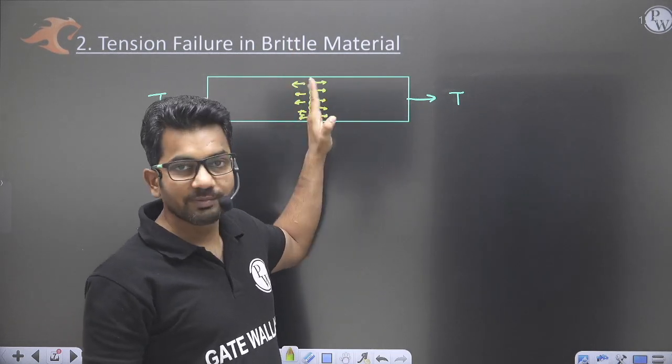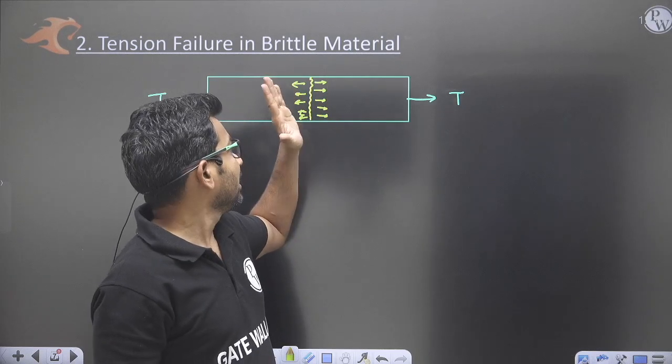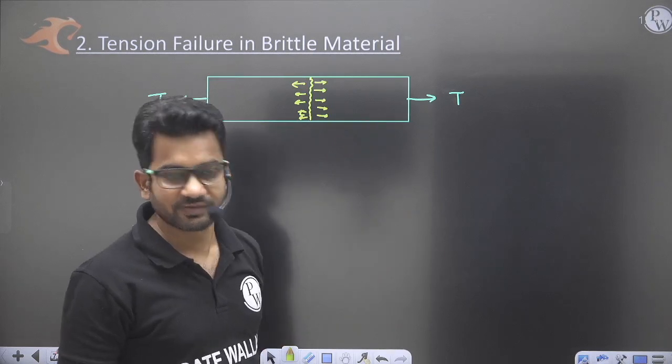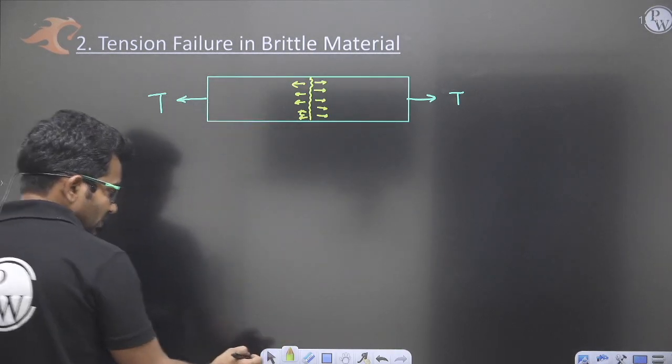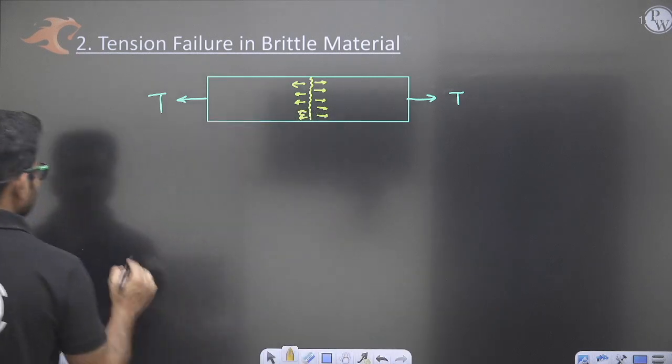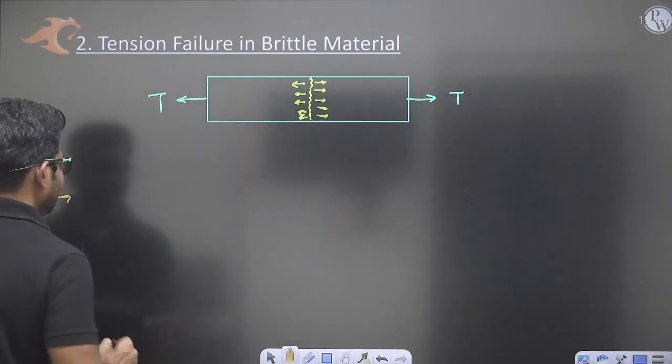Failure plane will be because of principal tension, and there will be a little bit rough surface, not a very smooth surface. Okay. So here we can write down the points. Failure plane is at 90 degree.